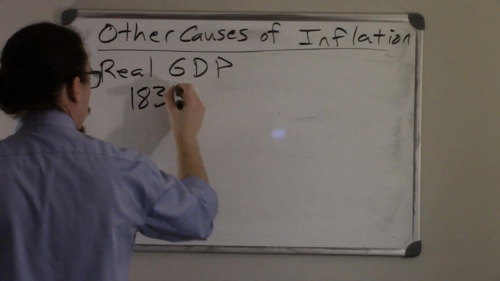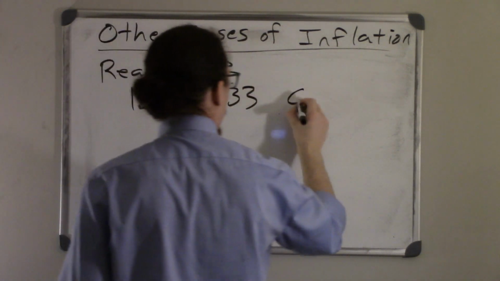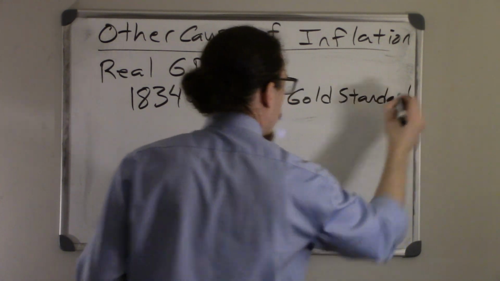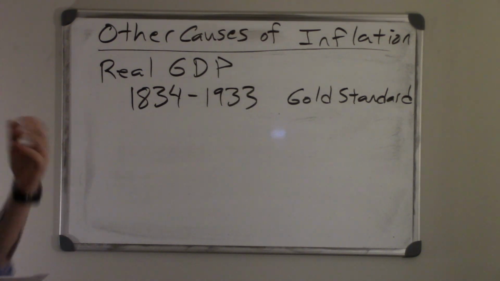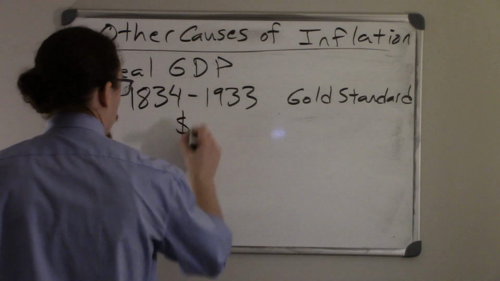From 1834 to 1933, the U.S. worked off of the gold standard for money. So every dollar was a U.S.-backed guarantee that it's worth a certain amount of gold.